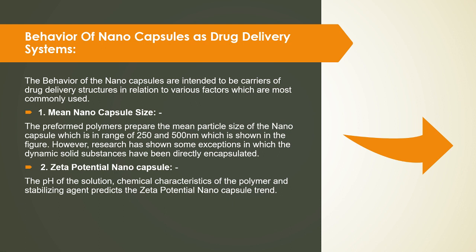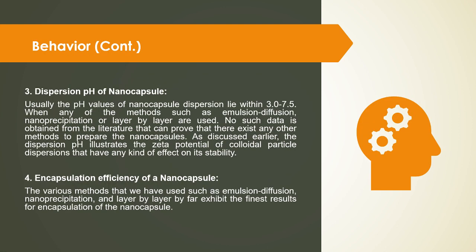Second is zeta potential of nanocapsules. The pH of the solution, chemical characteristics of the polymer and stabilizing agents predict the zeta potential of the nanocapsule. The third behavior is the dispersion pH of nanocapsules.